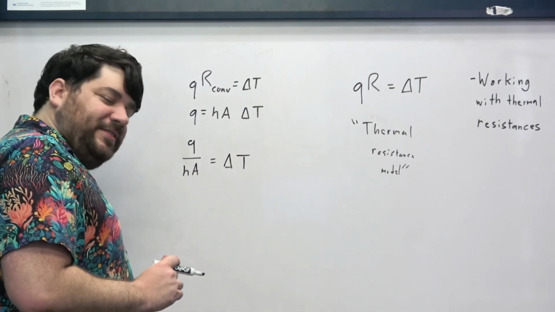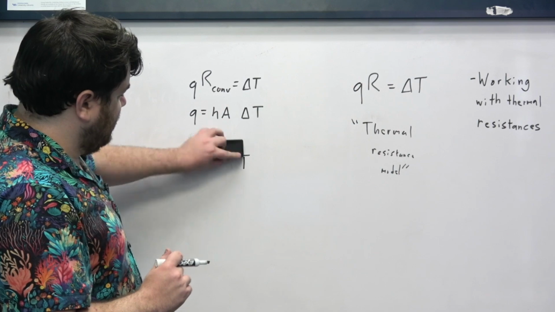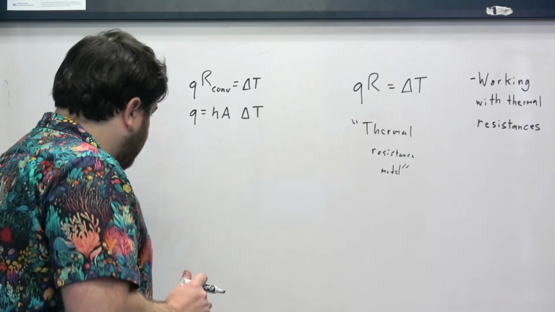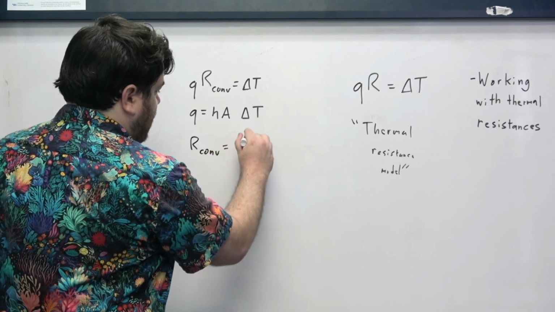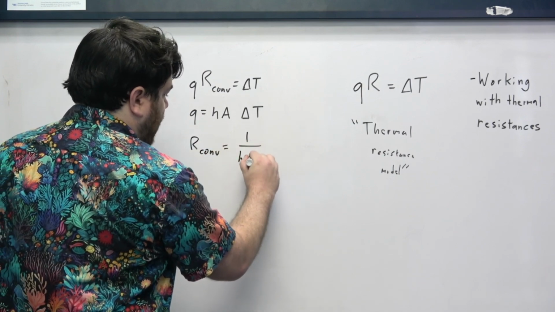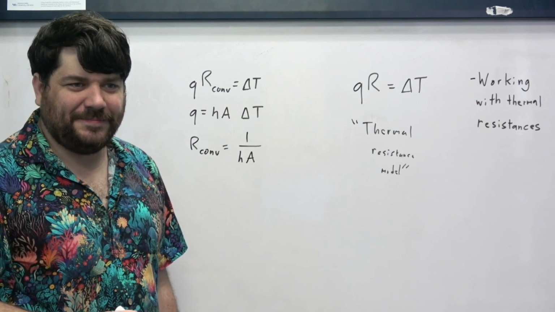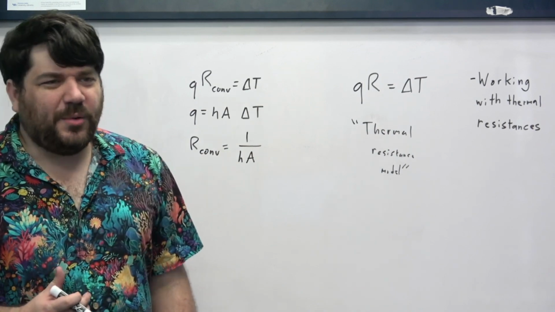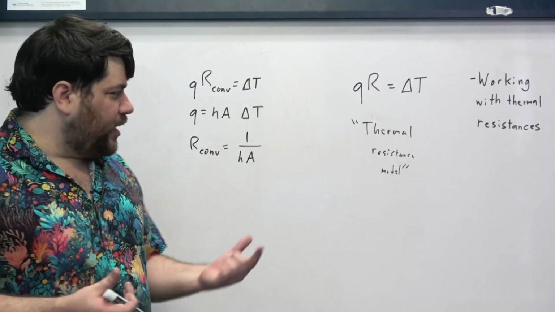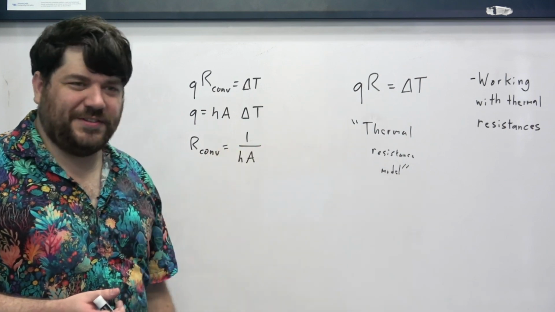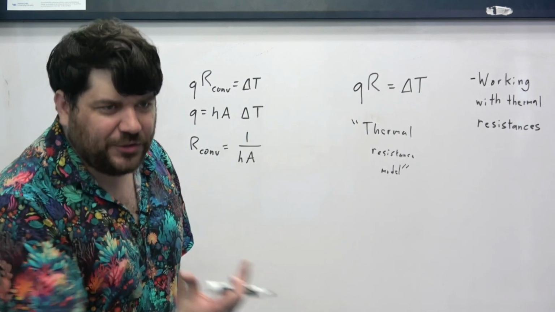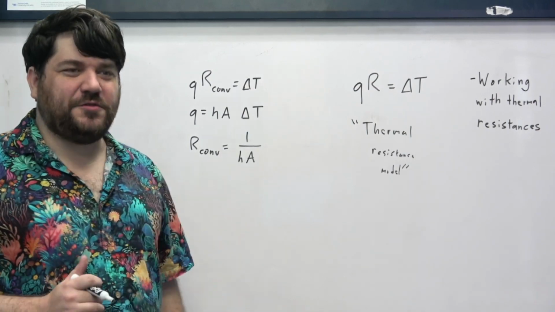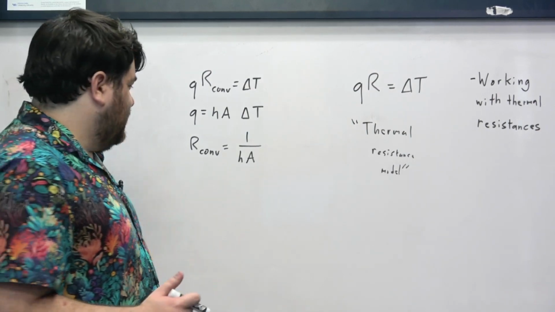And then by consequence, note that my convective thermal resistance has to be 1 over hA. All right? So if I want to think about it in intuitive terms, where I think of these thermal resistances as being basically a thing that tells me how much my system is resisting heat transfer through it, right?